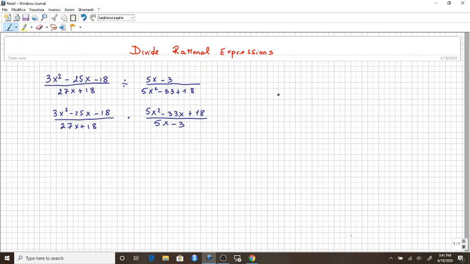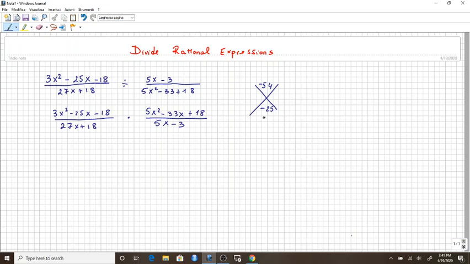So the first one we have a product which is 3 times 18. So we have two numbers whose product is negative 54, and whose sum is negative 25.